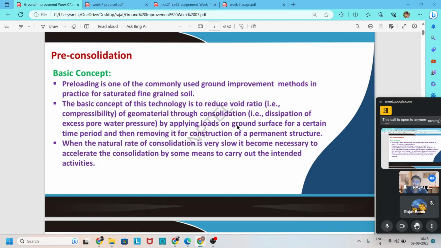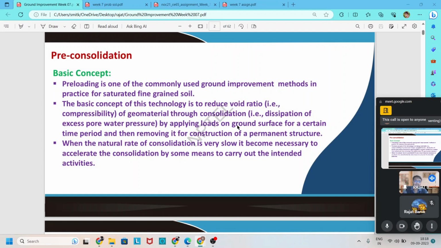Then it is said that the basic concept of this technology is to reduce the void ratio, that is the compressibility of the geomaterial, through the consolidation. It is the dissipation of the excess pore pressure by applying loads on the ground surface for a certain time period and then removing it for the construction of a permanent structure.